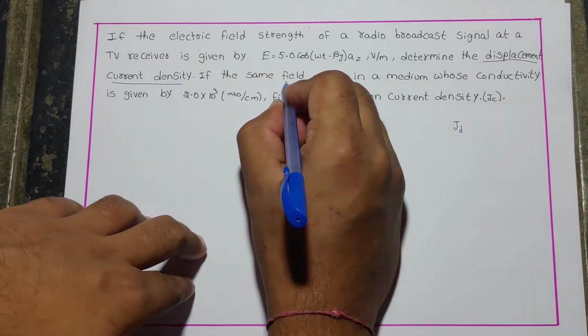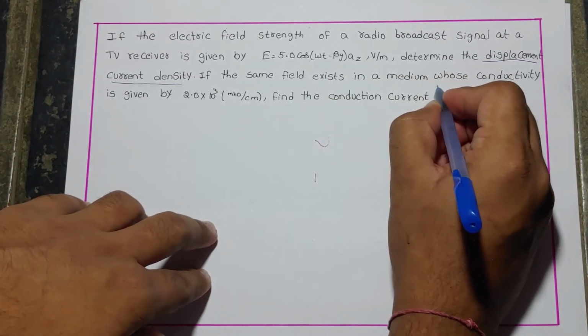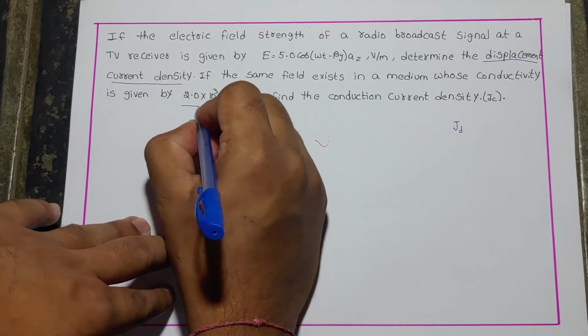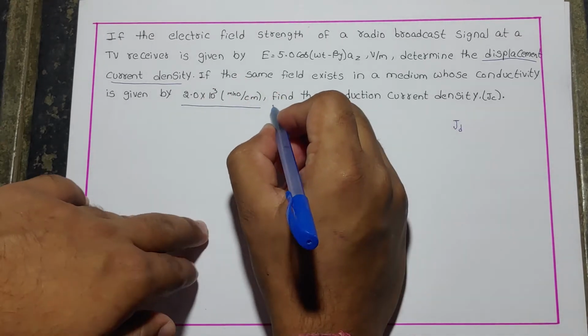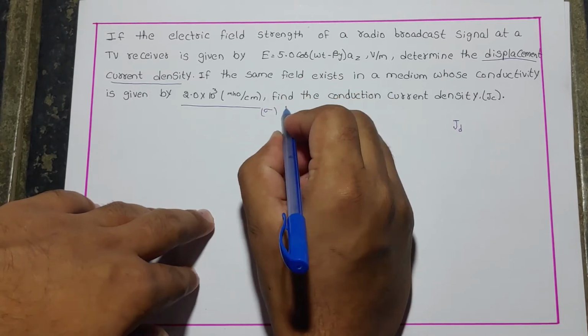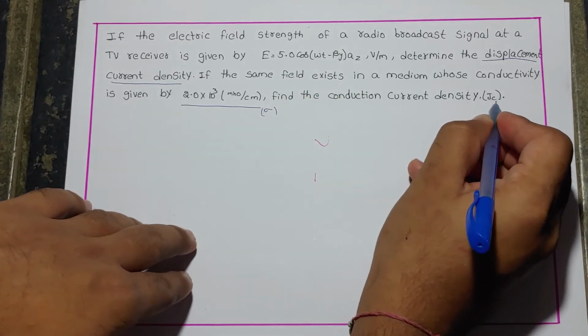And if the same field exists in the medium whose conductivity is given by sigma, find the conduction current density JC.